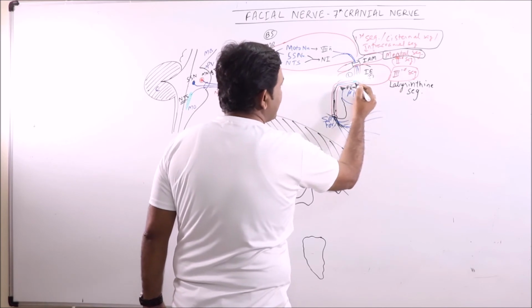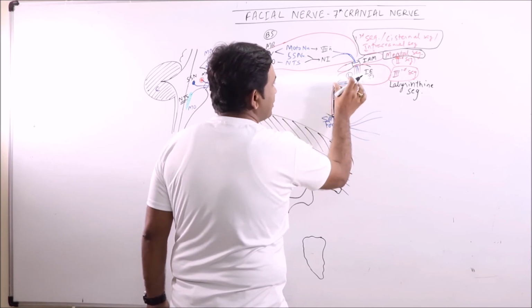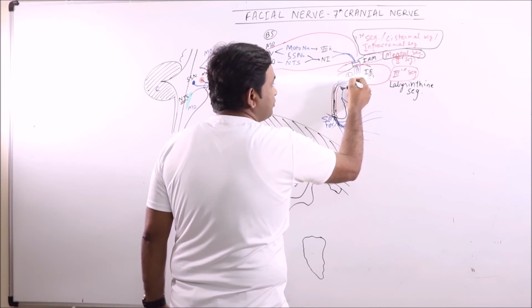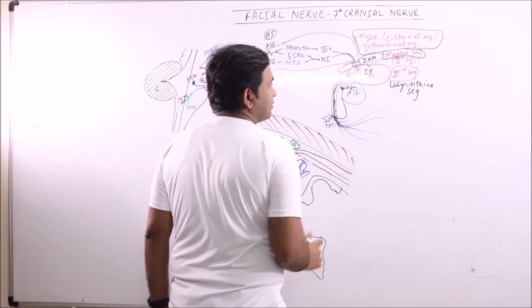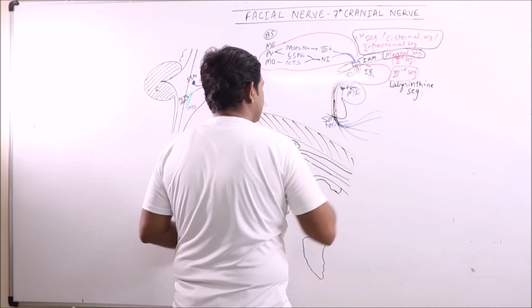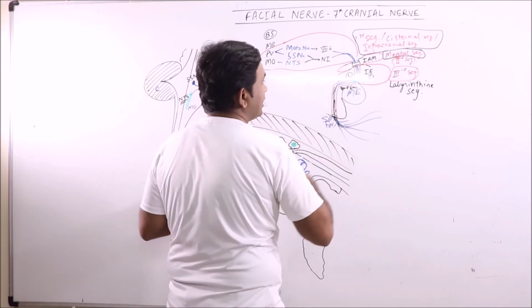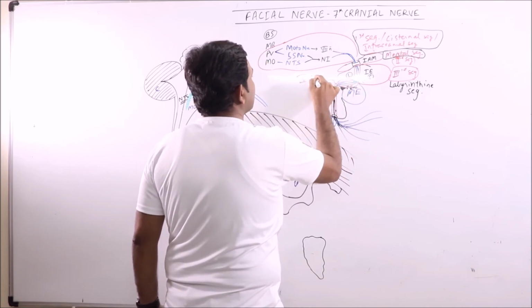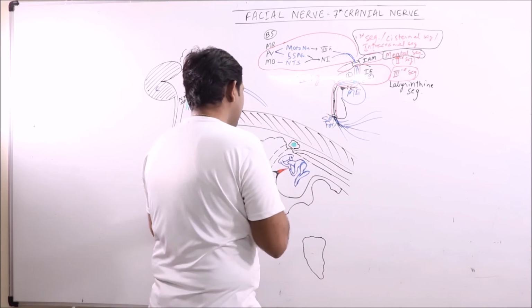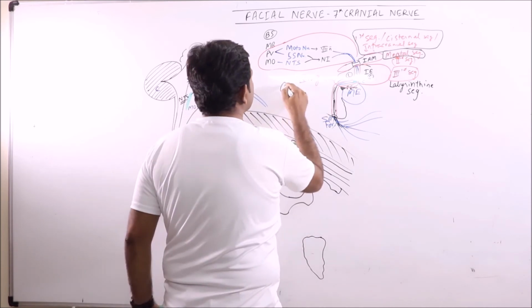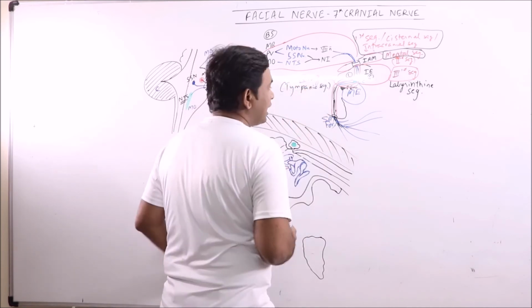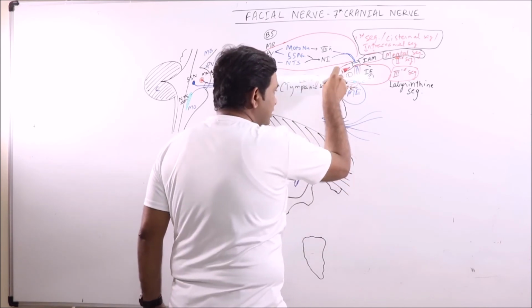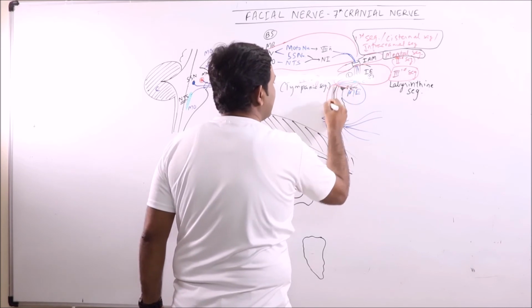Now from the geniculate ganglia up to the pyramidal eminence, this part of the facial nerve in the facial canal is in the middle ear. That's why this region from the geniculate ganglia up to the pyramidal eminence is known as the fourth segment, termed the tympanic segment. Then the fifth segment is the vertical part of the facial canal.